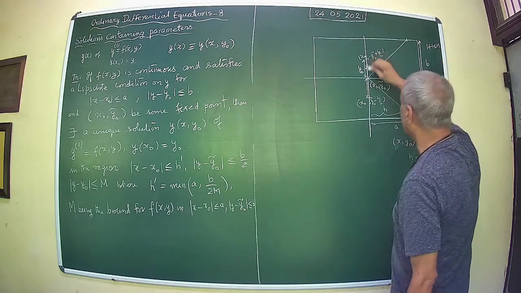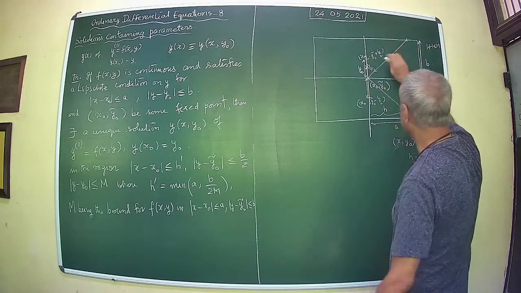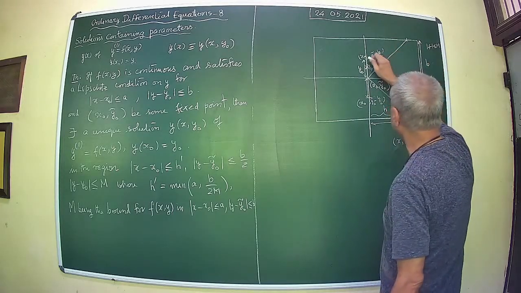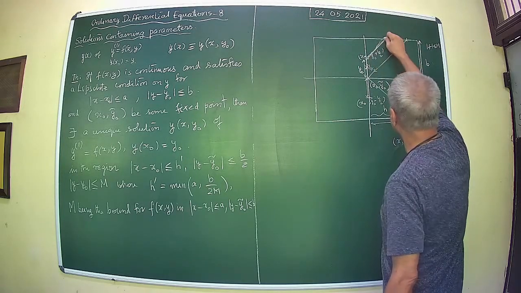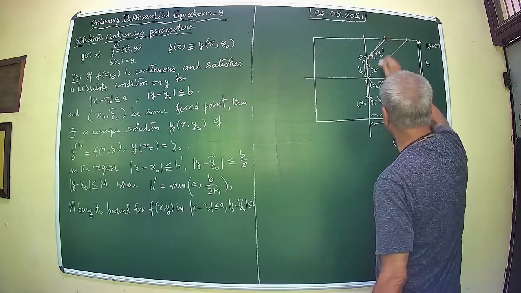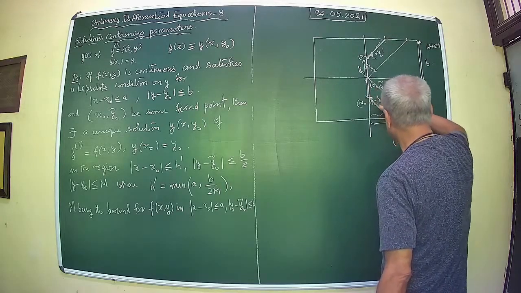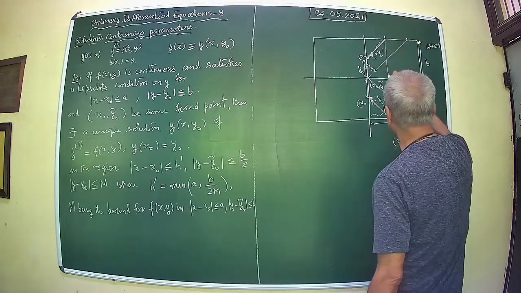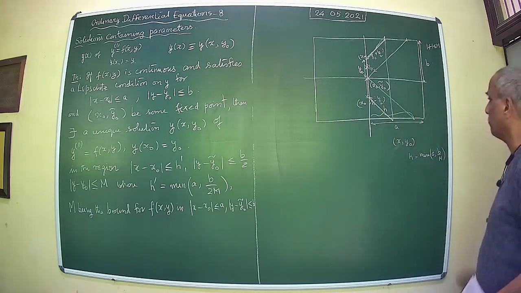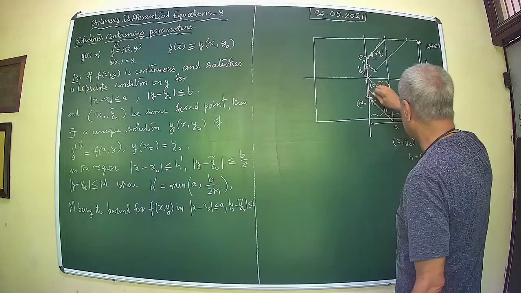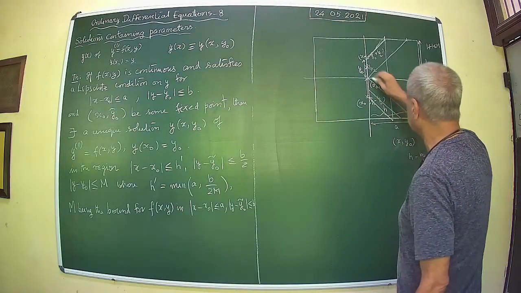See, you go halfway through this and then you see that f is bounded by the same. Therefore, this is going to be something like this. What is this distance that you get? The distance that you get would be half of this distance. So if you are somewhere here, you will get a larger interval.